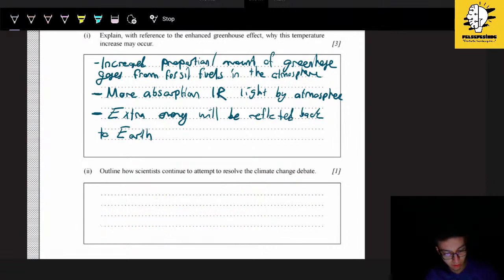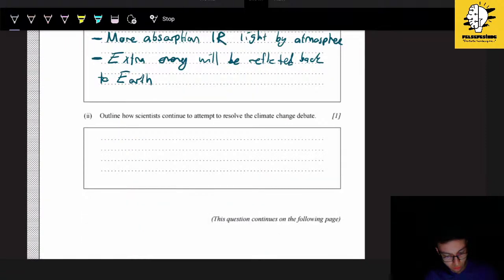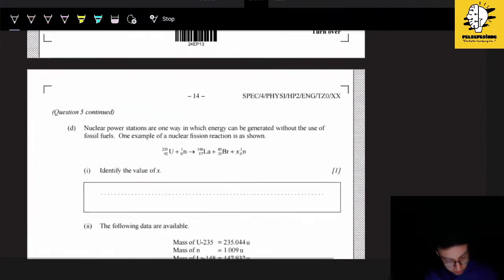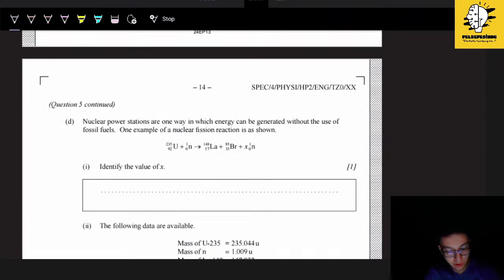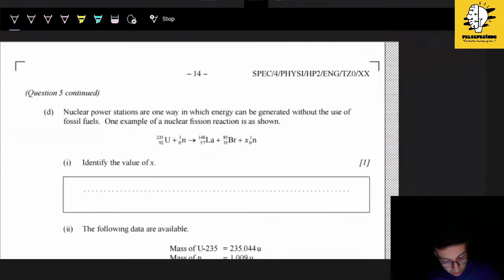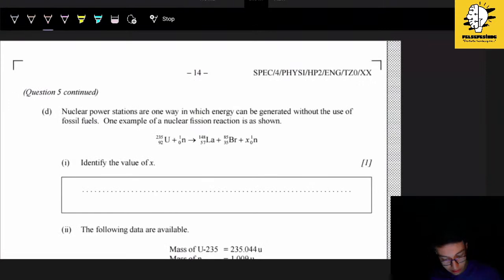So, question 5. Identify the value of x. We have conservation of charge, conservation of momentum, conservation of everything. Physics is conserved. So it says find the value of x.